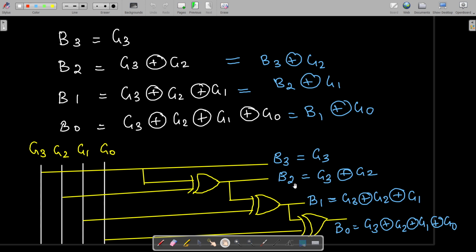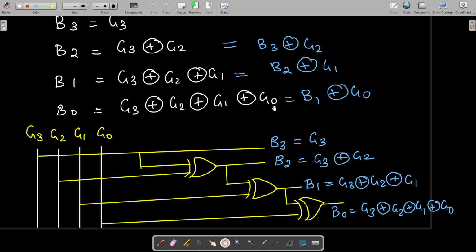We want to get the output B2. For that it is B3 exclusive OR with G2. What is B3? It is nothing but G3. So take the connection from here and the connection from G2. These two are exclusive ORed, so you get B2, isn't it? Then for the B1 output, you take B2 along with G1 into an exclusive OR gate, so you will get B1.